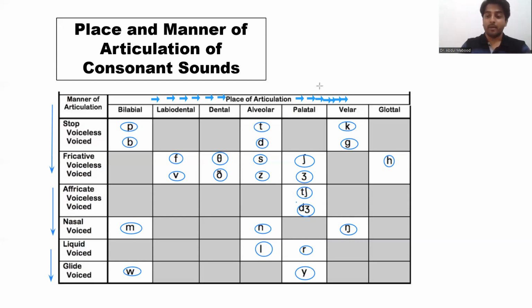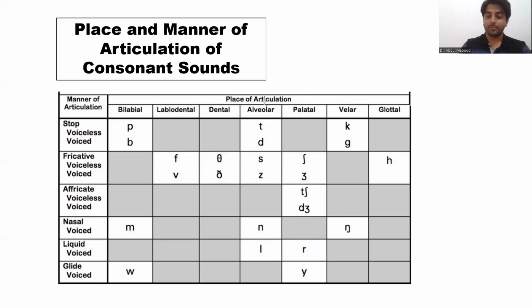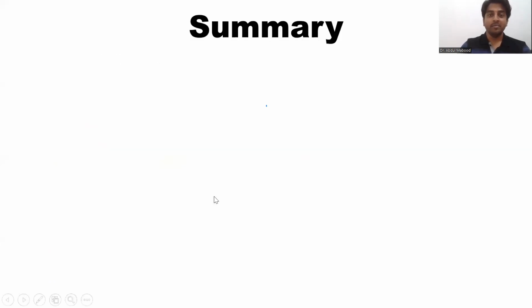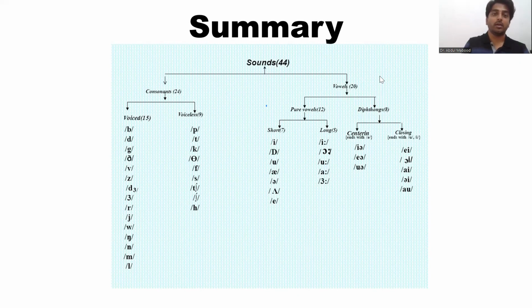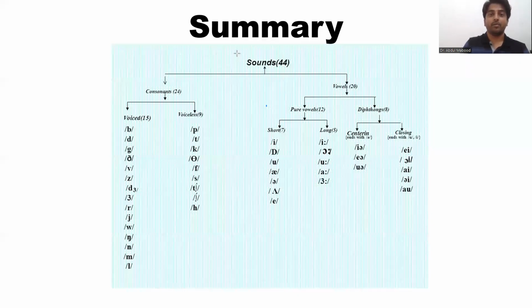Now see here, the summary of the lesson that we have discussed till now is like this: there are a total of 44 sounds or 44 phonemes.